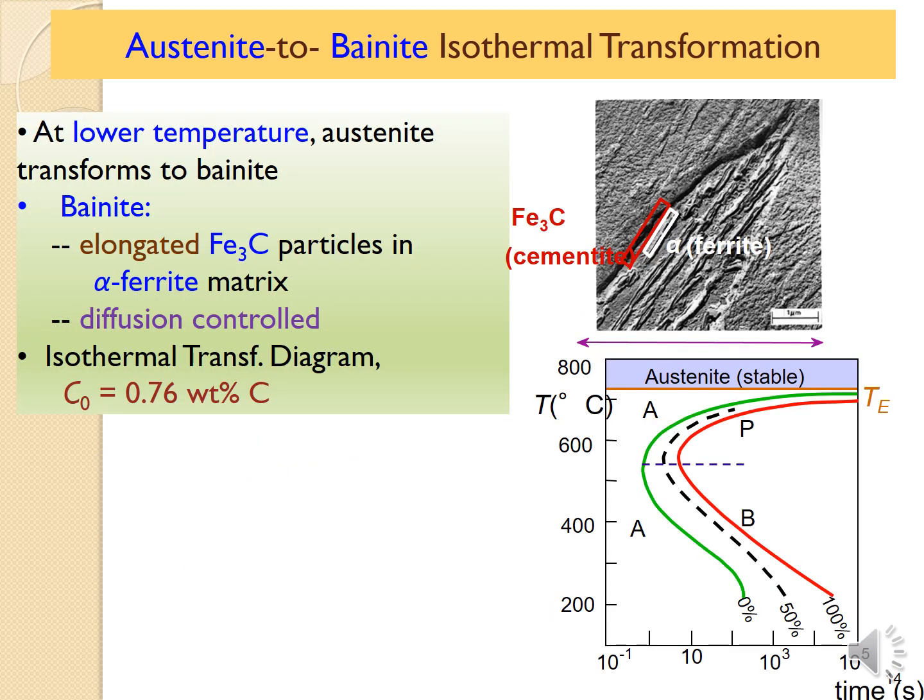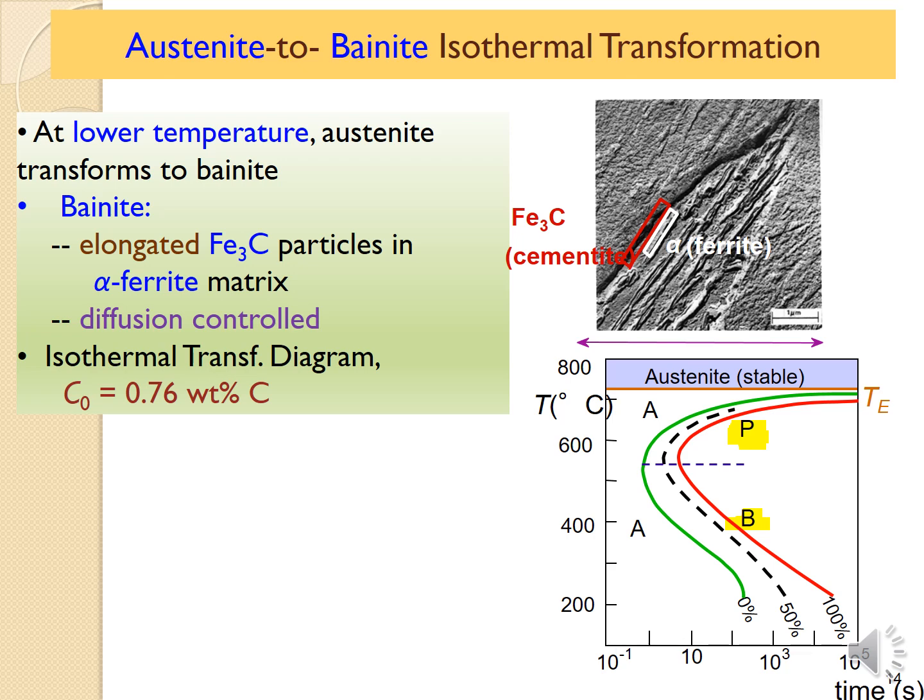Austenite to bainite isothermal transformation. At lower temperature, austenite transforms to bainite. We said at higher temperature we will have pearlite, but at lower temperature it will be bainite. You don't have to memorize everything, because on this TTT diagram, P means pearlite and B means bainite. So the top portion means a higher temperature, where you will have pearlite, but at a lower temperature you will have bainite.